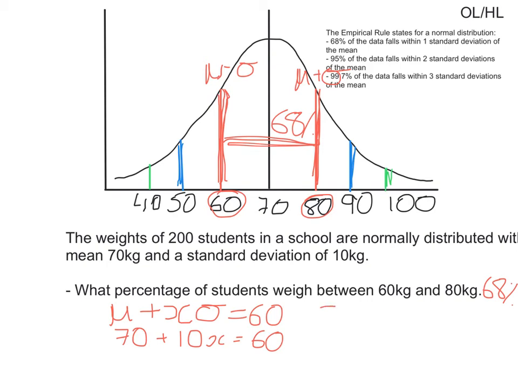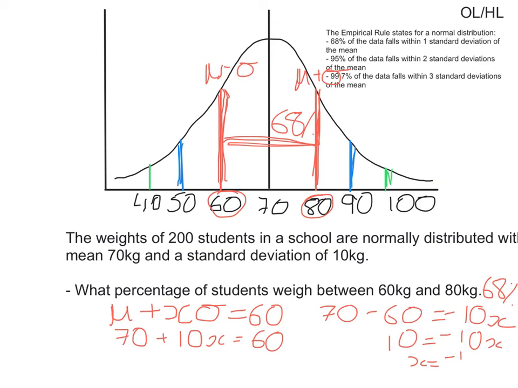Solving this, we'll have 70 minus 60 is equal to minus 10x when we bring things across the equals, and we'll have 10 is equal to minus 10x and x is equal to minus 1. So 60 is minus 1 standard deviations from 70.